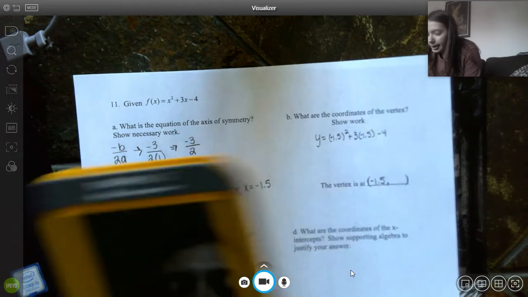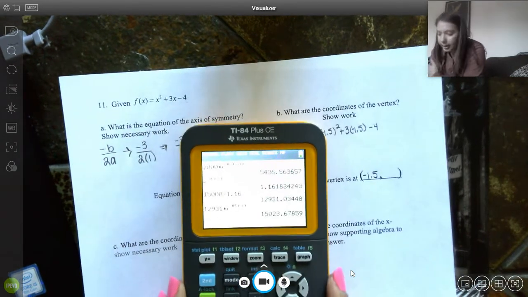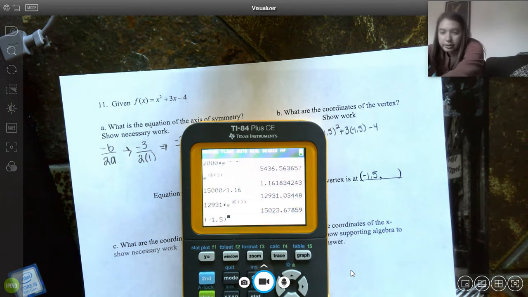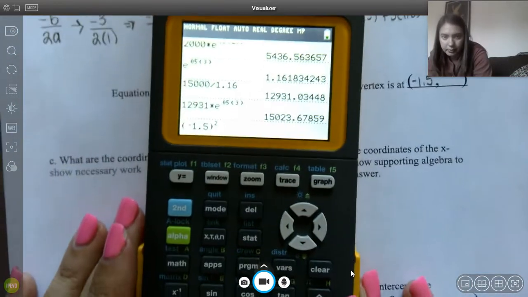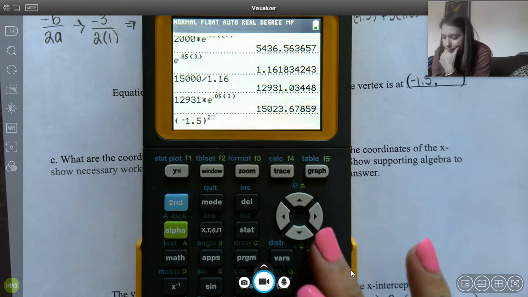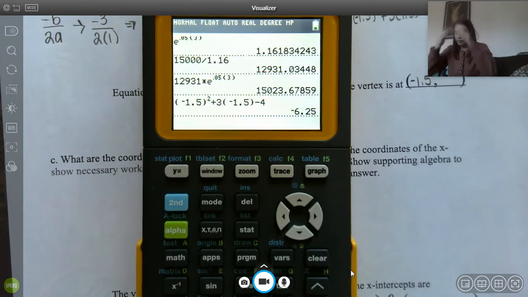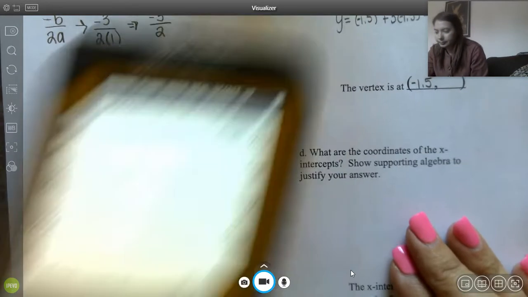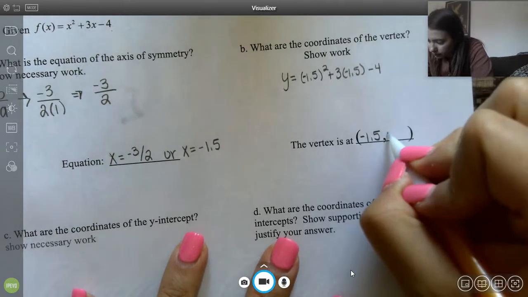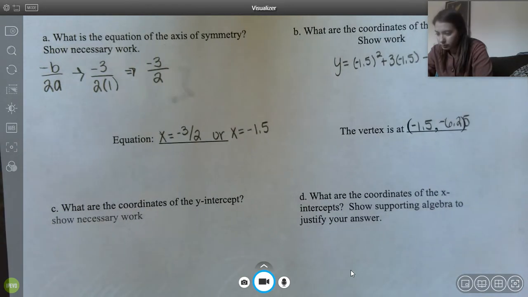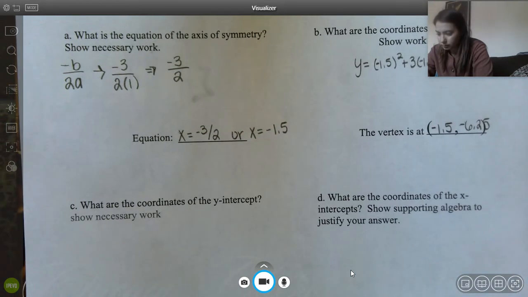So we can plug in negative 1.5 squared, and I can zoom in for you guys, plus 3 times negative 1.5 minus 4, and we get negative 6.25. Okay, so that is our vertex.